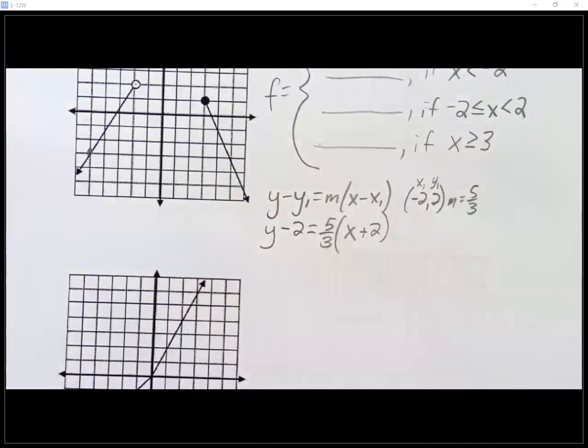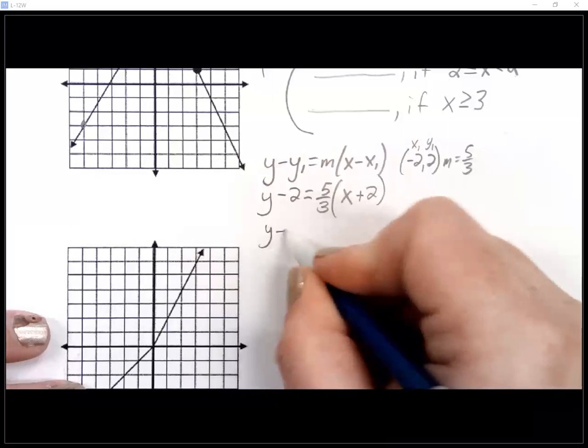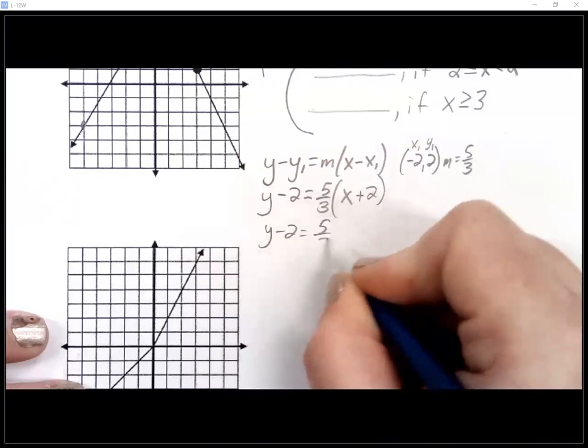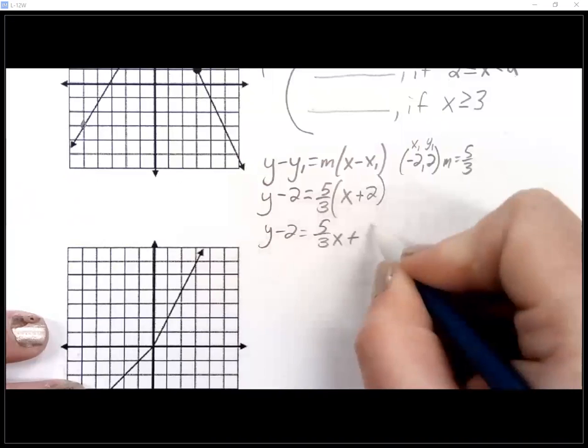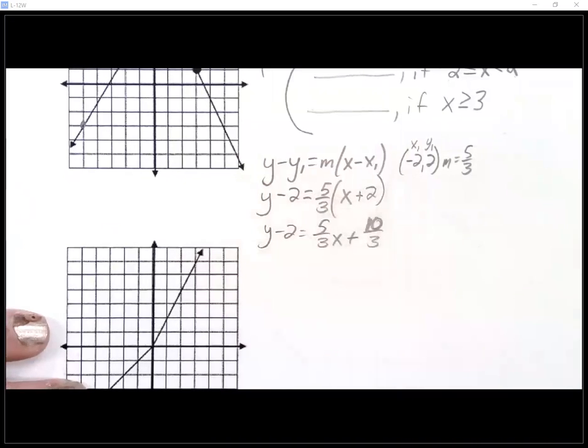All right, so now all I have to do is get this into slope intercept form. Not too bad. Let's just distribute that 5/3. And then I'm going to add the 2 to the other side.